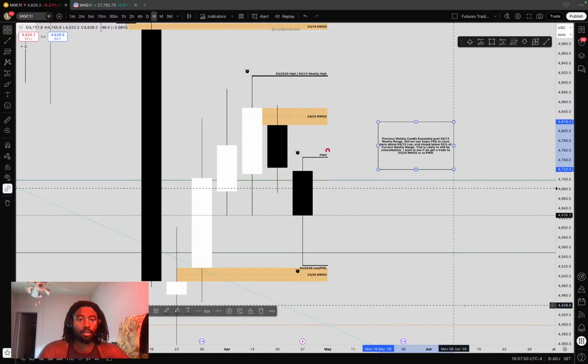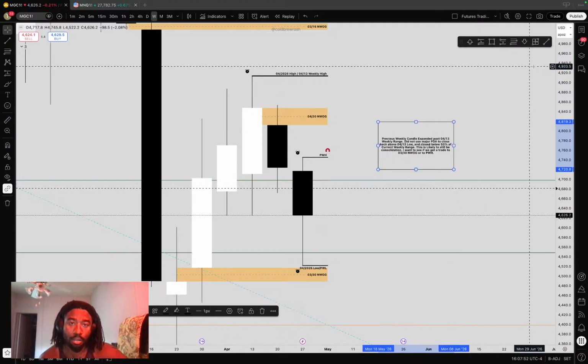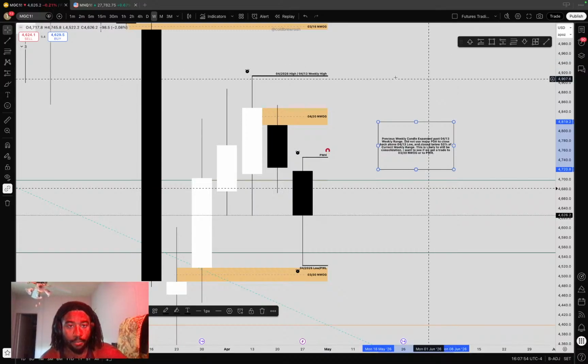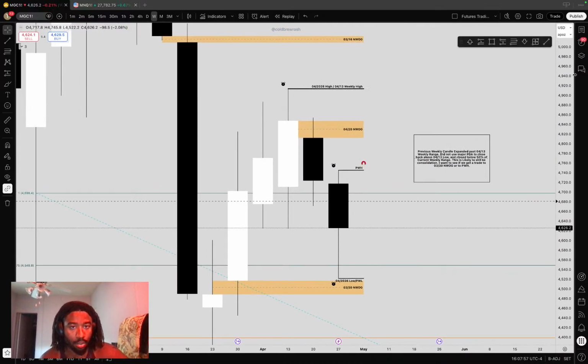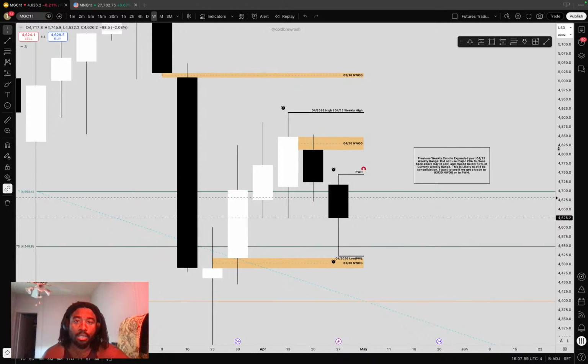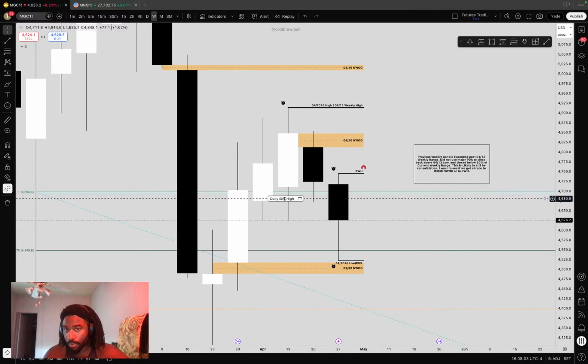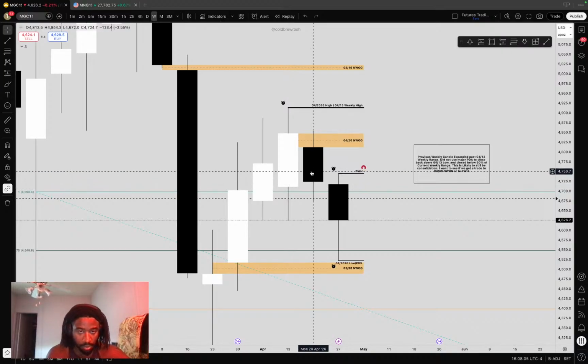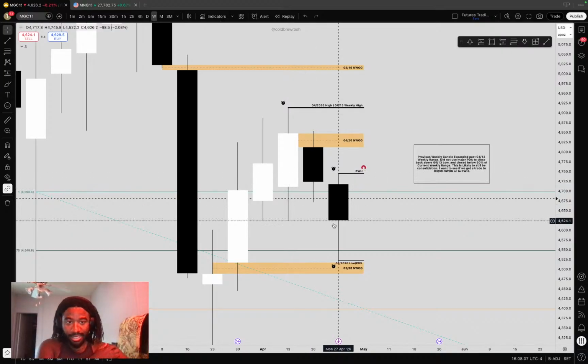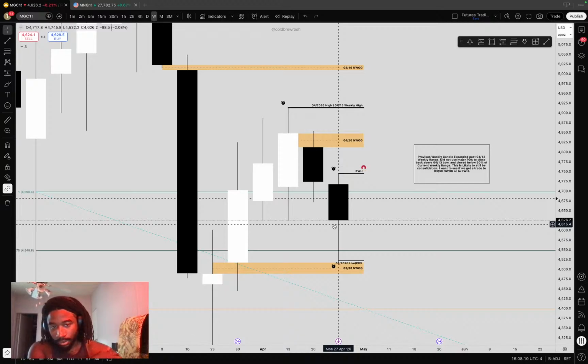Okay, so right here, just by me looking at the monthly, and then grading and labeling the new week opening gaps, highs and lows, and then going down to the weekly, and then seeing how prices moved, whether it moves to expansion or consolidation, that's how I'm able to establish a weekly bias.